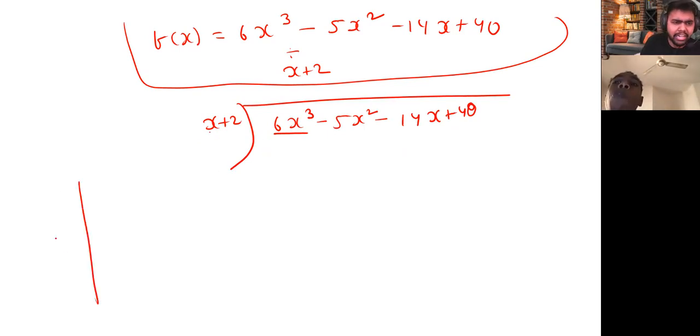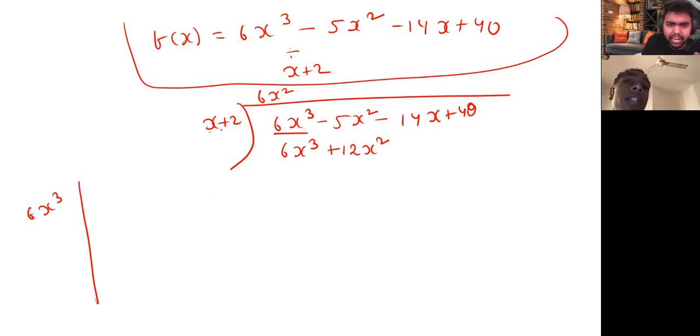So can I solve directly? Yes. Okay, so here 6x square will come, and here 6x cube will come, and here plus 12x square will come. How? Are you solving directly? Yes.